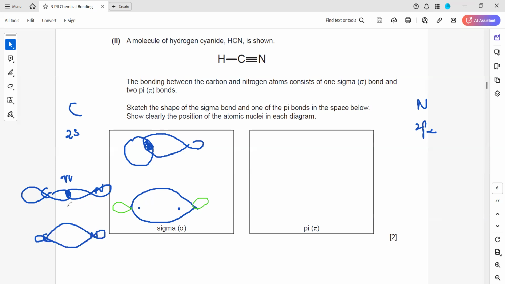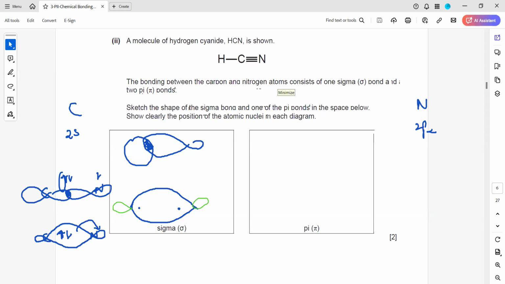It shows that because this electron belongs to carbon, it can be here or it can be here, but the chance of finding this electron is maximum between the carbon and the nitrogen. In the same way, the electron of the nitrogen can be on the right or the left, but the chance of having this electron between the carbon and nitrogen is maximum. Still, there is a chance that this electron might be on the other side. That's why we draw these fins.